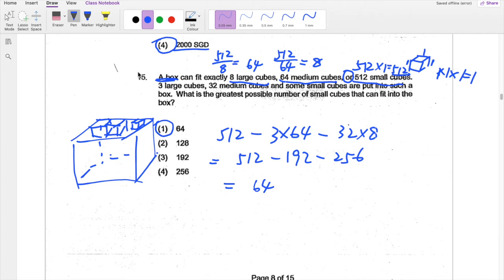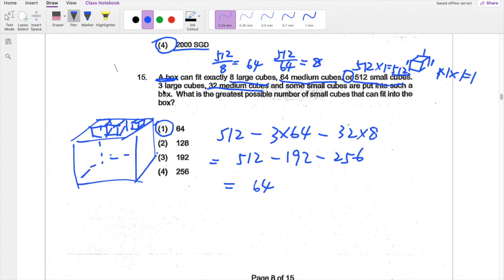Also, let's examine the question again. With this one, we see that he used 32 medium cubes already here. We know that the box holds 64, so this is already occupying half of the box. Then he used another 3 large cubes. Well, for the other half, it should be able to contain 4 large cubes.